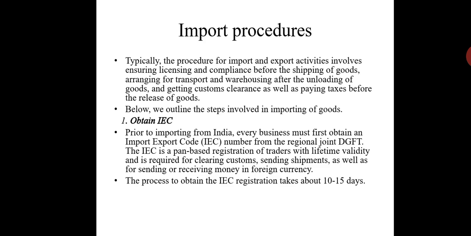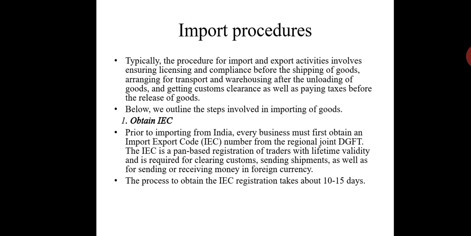If you are going to pay or receive money in foreign currency, the IEC number is most important. So first is to obtain IEC. It is required for exporting, for importing, and for receiving or paying in foreign currency.